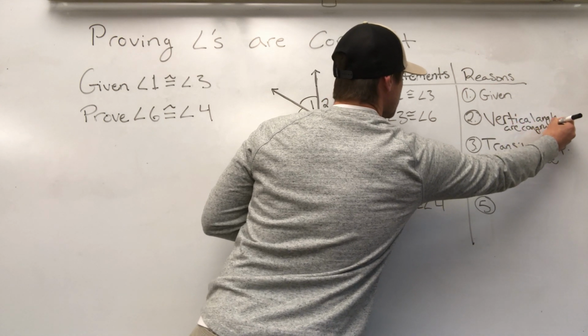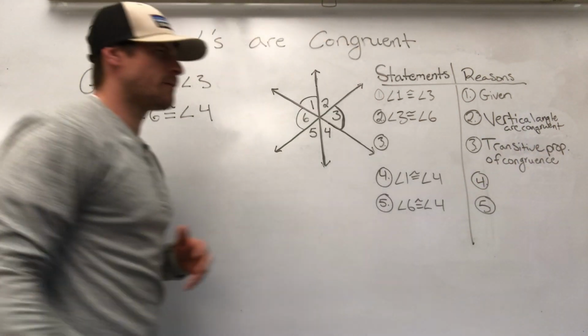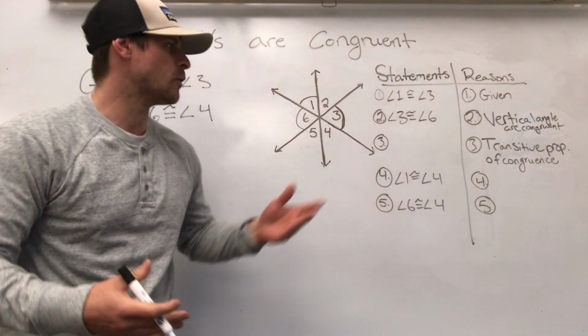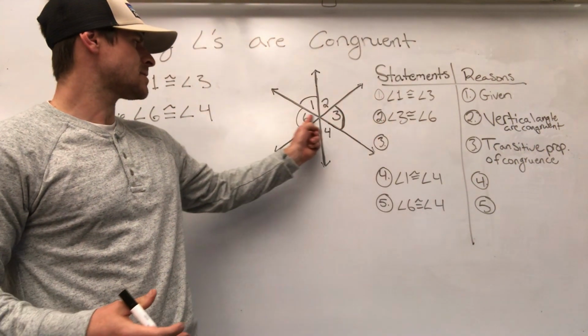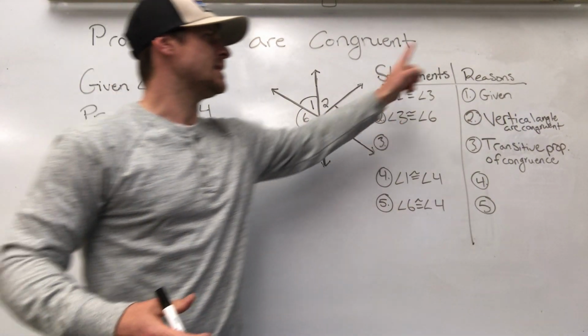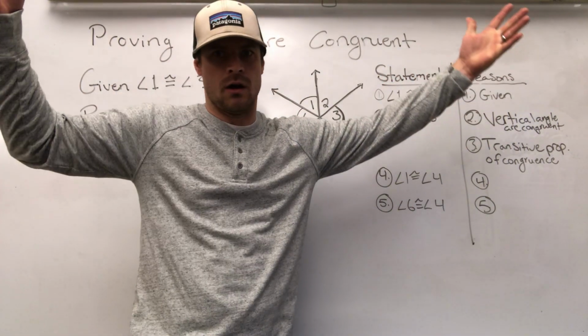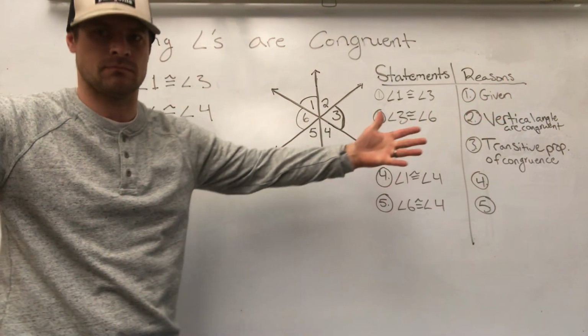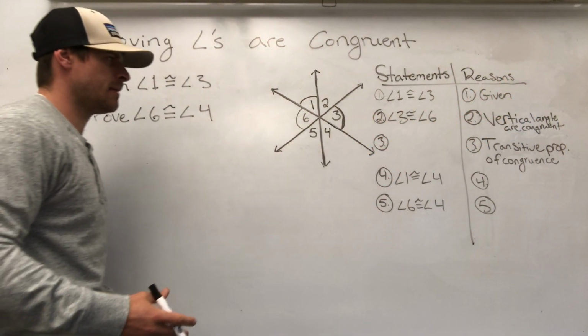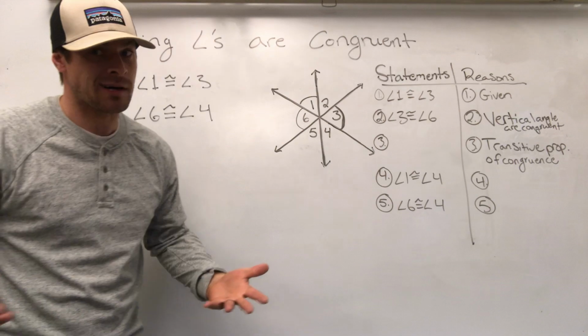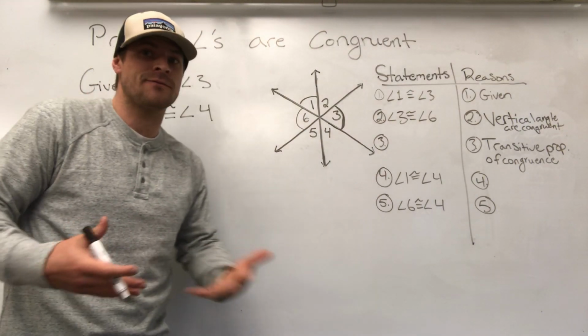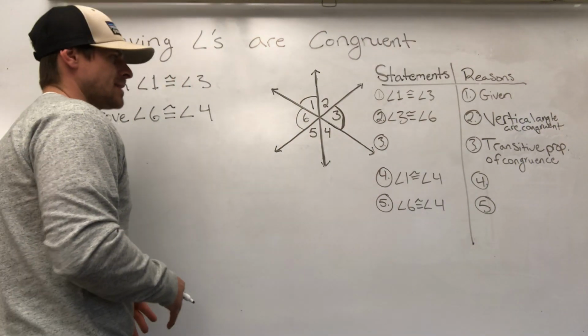We know that. That is a law. That is a rule. All vertical angles are congruent. Therefore, I know 3 and 6 are congruent because all vertical angles in math are congruent. That's just how it is. If someone wants to argue with you, just say, sorry, nope, they're vertical angles. That's a fact. They have to be the same.